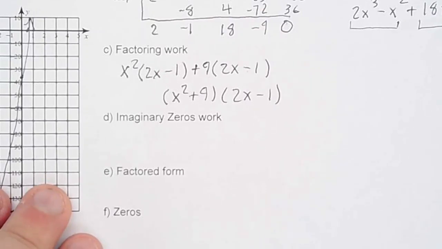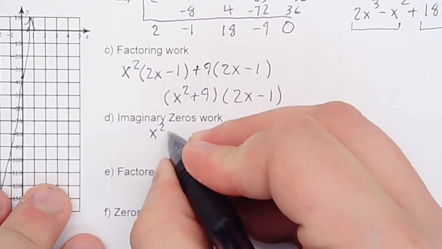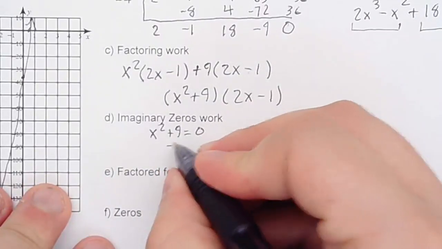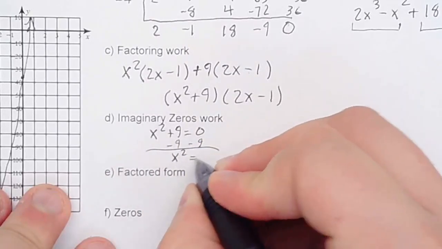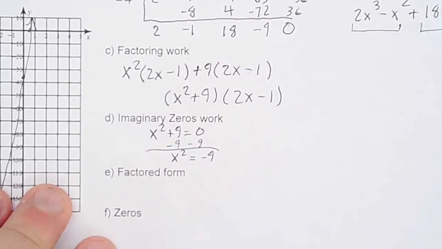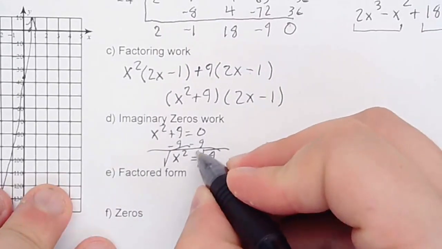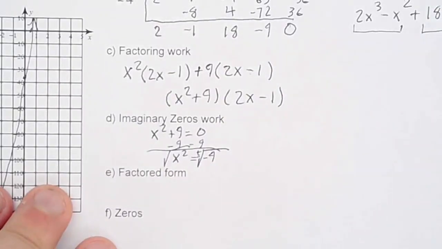If I set this equal to 0, x squared plus 9 equals 0, I'd subtract 9 on both sides, giving x squared equals negative 9. To get x by itself, I would take the square root of both sides, adding a plus or minus, but I can't take the square root of a negative number to get a real solution. So this solution is going to have to be imaginary.